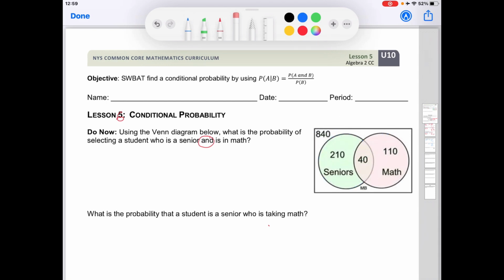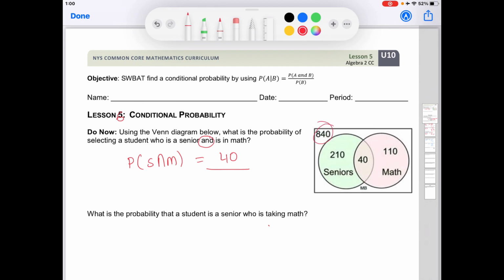But if we want to find out how many seniors are in math, that would be your intersection, which happens to be 40, right? So the probability of senior and math is what? 40 out of the total sample space. What's my sample space? How do I determine my sample space from these numbers? You just add up all the numbers, because that's your universal set, right?